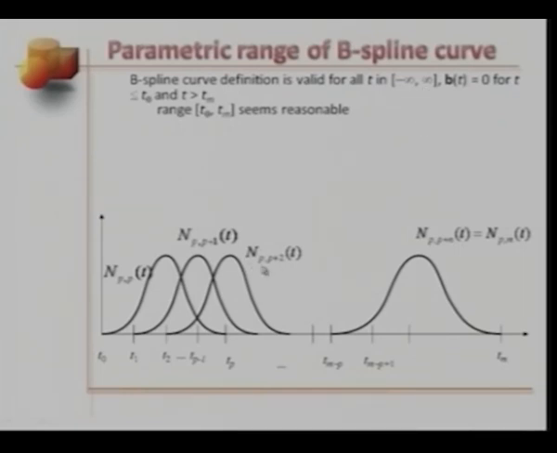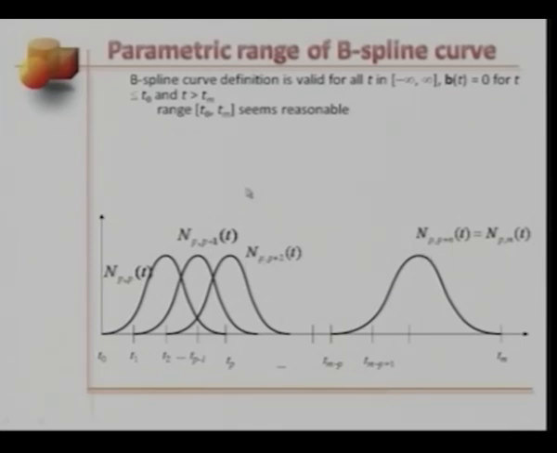Let's take a look at any of these B-spline basis functions, N2,p, for example. Now, for values of t smaller than t2, N2,p is 0. And for values of t greater than this knot here, again, N2,p will be 0. So, in effect, N2,p of t is valid for all values of t in between minus infinity and plus infinity. And the same is the case for all these basis functions.